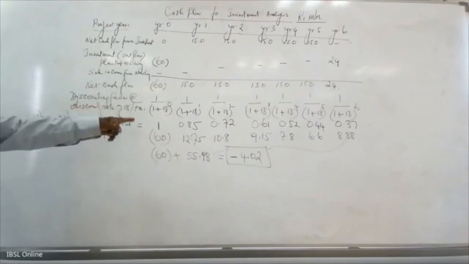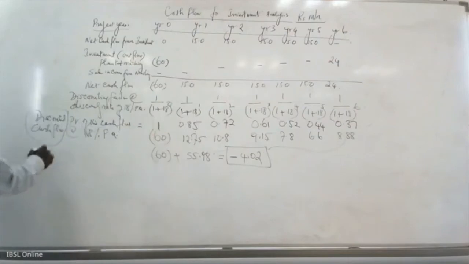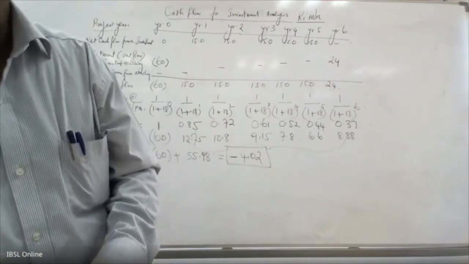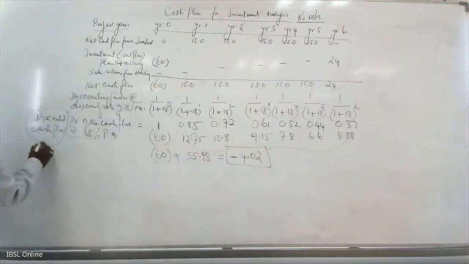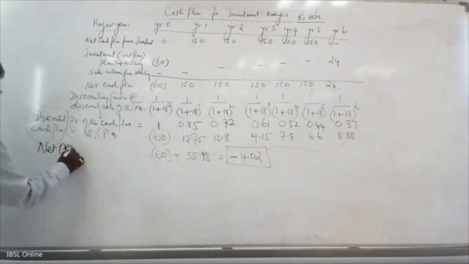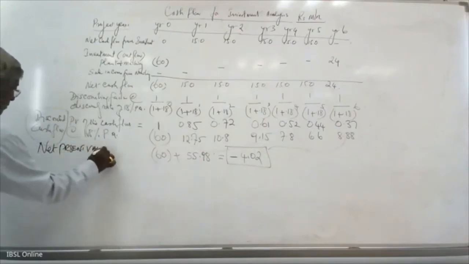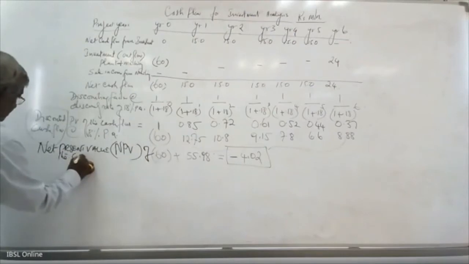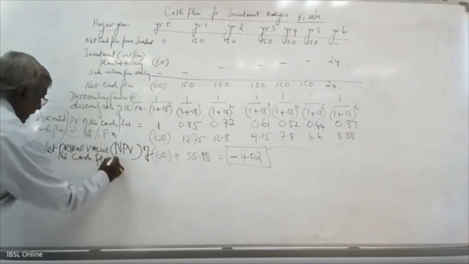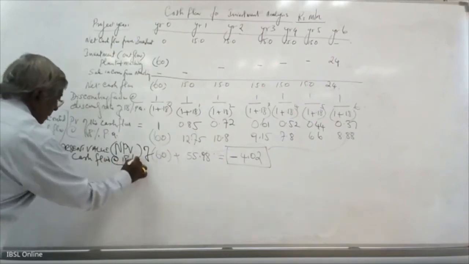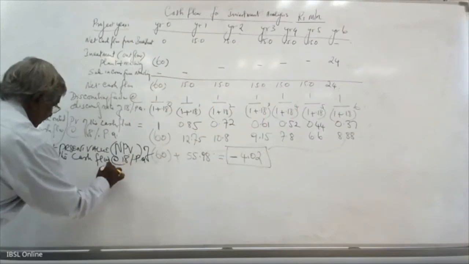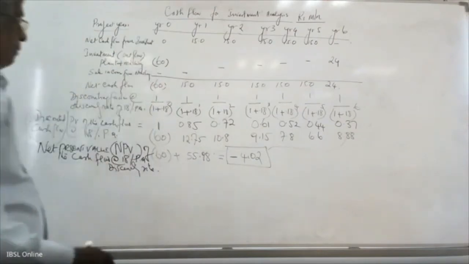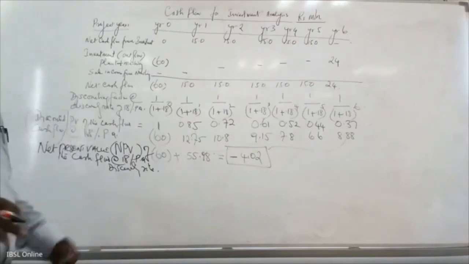When you get the net of the present value, we call it net present value, NPV, of the cash flow at an 18% per annum discounting rate. Minus 4. So the NPV is negative here.